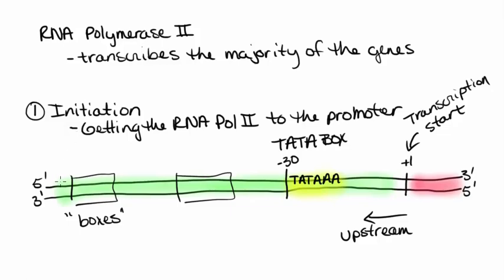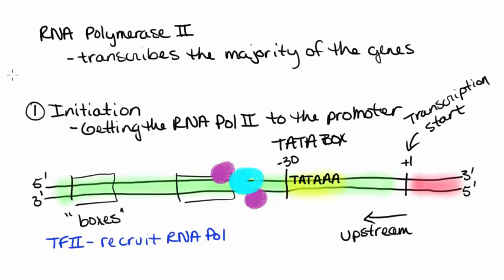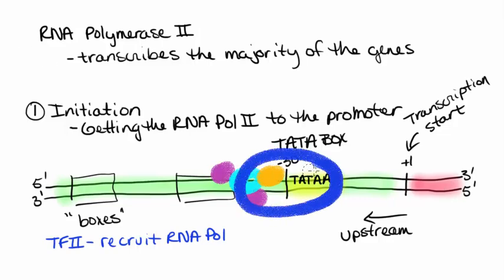So to get this entire process started, the transcription factors, we're going to refer to them as transcription factors 2 because they actually work with the RNA polymerase 2. These are going to help to recruit the RNA polymerase. So these individual transcription factors are going to be bound here, several different ones, and I'm going to show them in a few different colors just to emphasize that we do have a collection of them that are binding, and their job is going to be to recruit that big RNA polymerase, and it is a big enzyme.